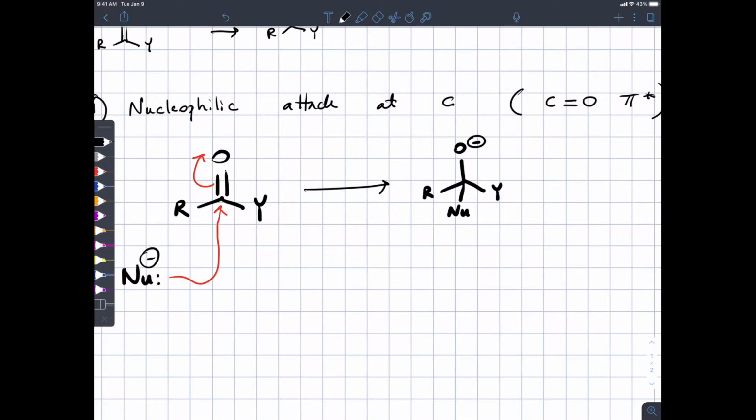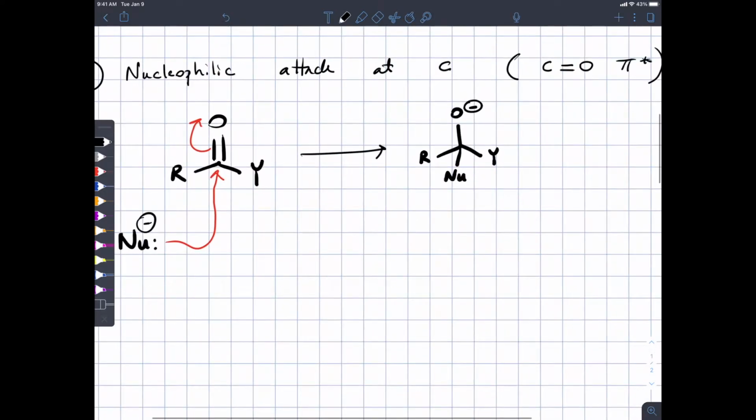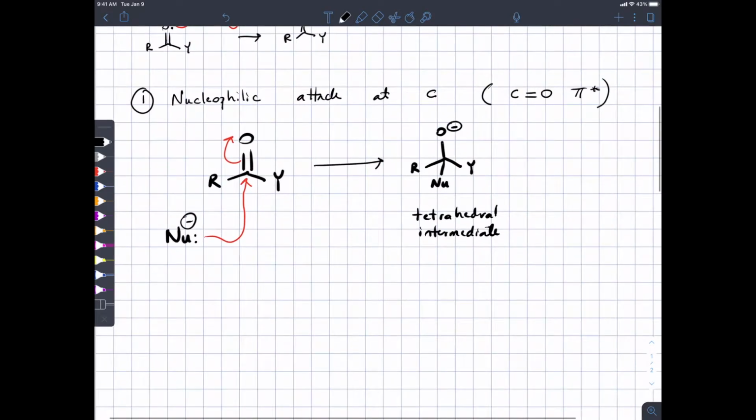So that carbonyl carbon becomes sp3 hybridized, and its geometry is tetrahedral. And so we call this the tetrahedral intermediate. All right. And that's an important intermediate in most of the reactions of carbonyl compounds. In fact, I can't think of any counterexamples.